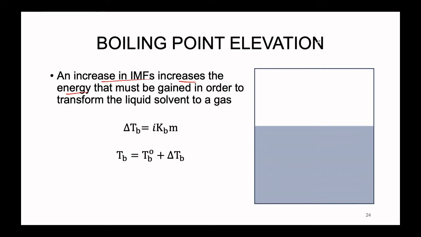All right, so again, the boiling point of a solution is higher than that of the solvent. Hence why we call this boiling point elevation, because the solution's boiling point is higher than that of just pure solvent.